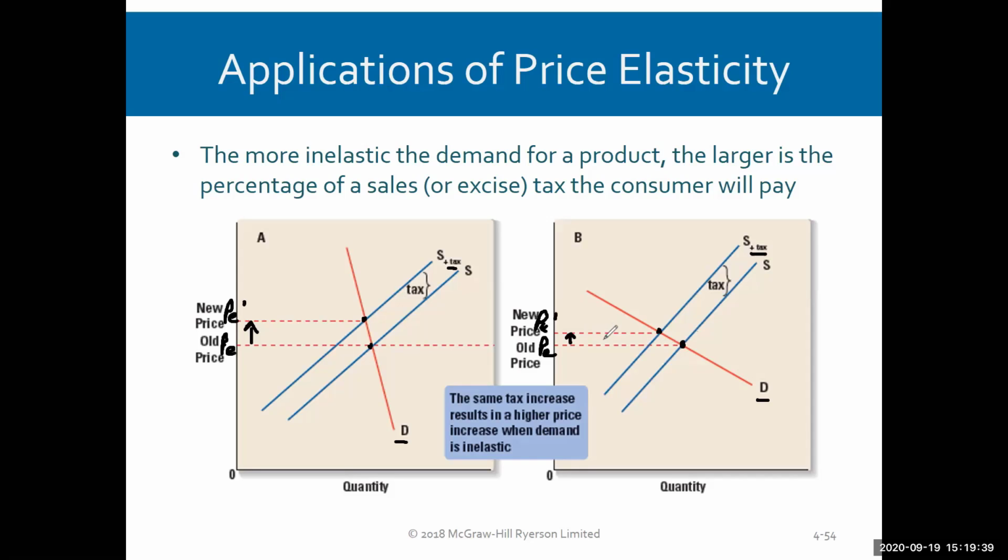So with elastic demand, consumers bear less of the tax burden because their purchase price only goes up a little, and presumably the producers, of course, bear the most of the tax burden. But when there's inelastic demand and a tax gets imposed, consumers bear the large brunt of the tax increase and producers bear a smaller amount. So the burden of the tax falls on the consumers when there's inelastic demand. And if you really think about it, that won't surprise you too much at all.